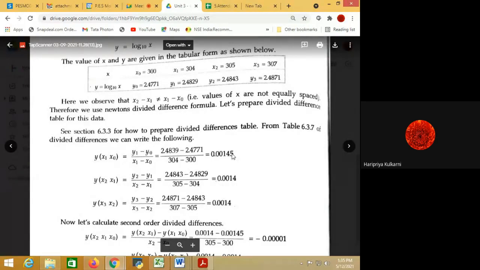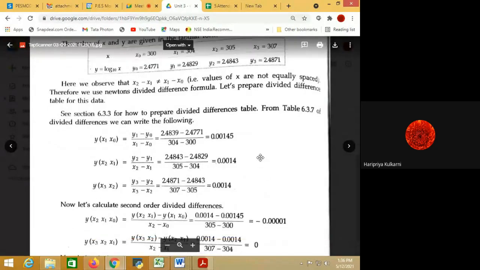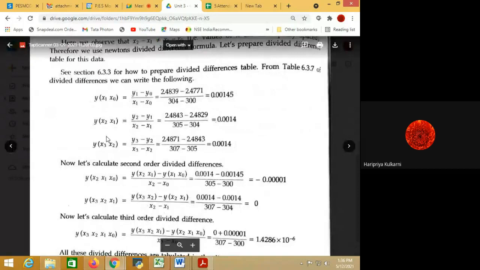You will calculate this. Now y of x2 x1 will be y2 minus y1 upon x2 minus x1. You can easily calculate. Then next is y of x3 x2, which will be y3 minus y2 upon x3 minus x2. I hope you have understood this with the two variable terms.